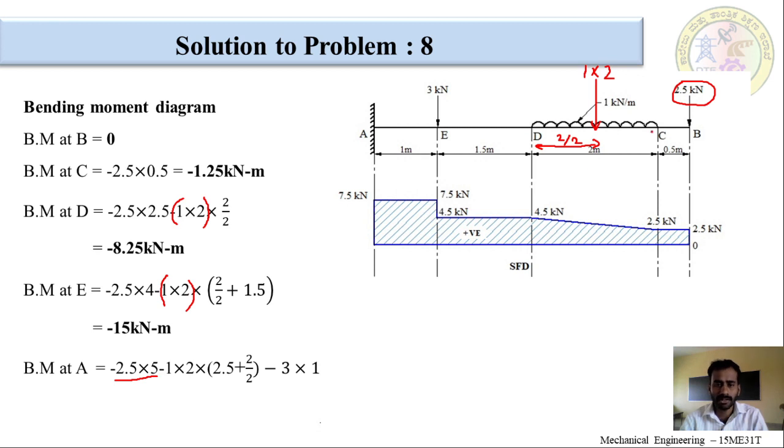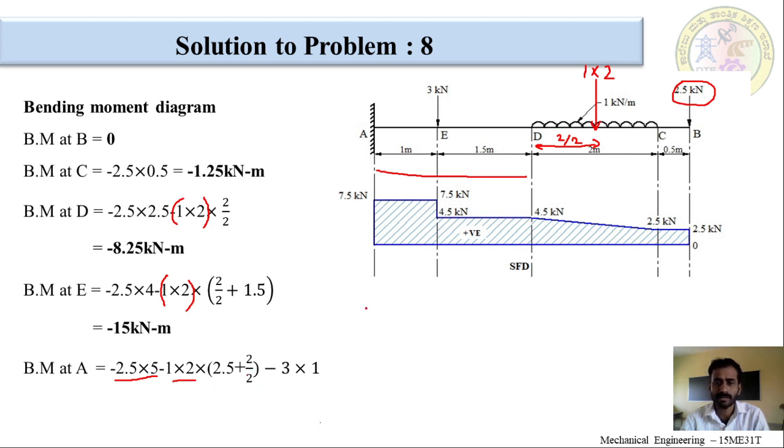And for this UDL, the load is minus 1 into 2, the distance is 1 plus 1.5, it is 2.5 from here to here. Okay. And then from D to the load, equivalent load is 2 by 2. So, it is 2.5 plus 2 by 2.